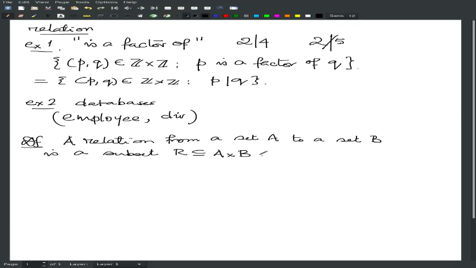Specifying subsets of Cartesian products is nothing else but just giving relations. Now let us look into some examples. Obviously, the empty set is always a subset of A cross B, and this is called the empty relation.